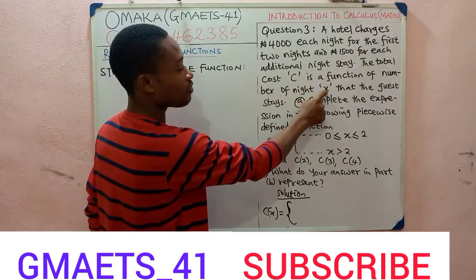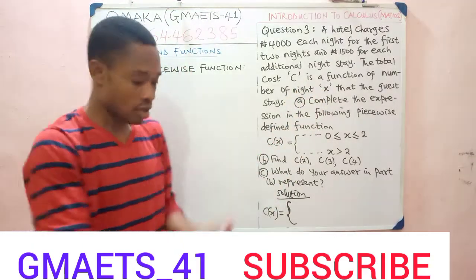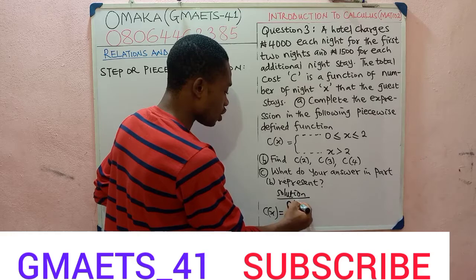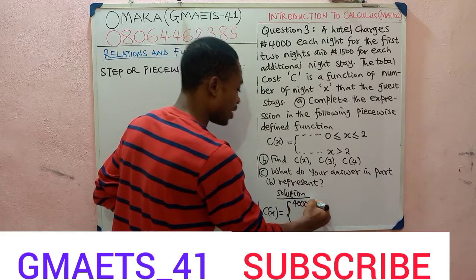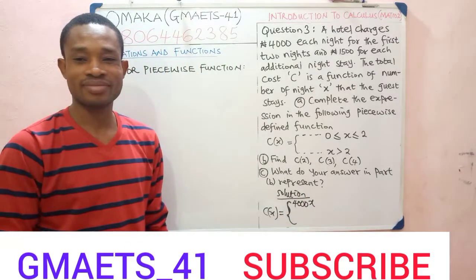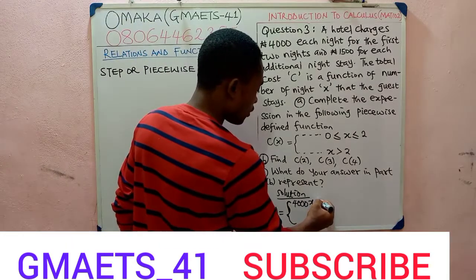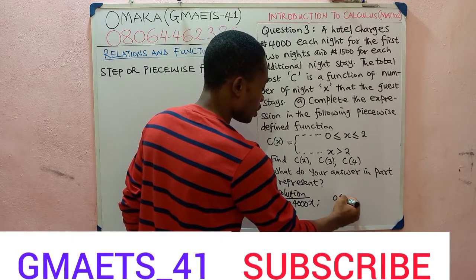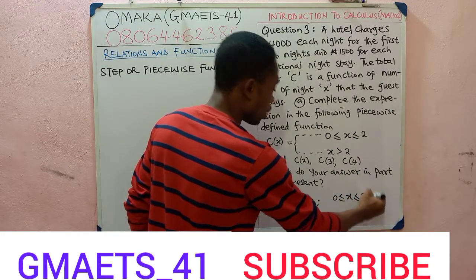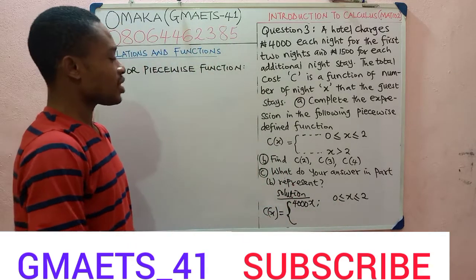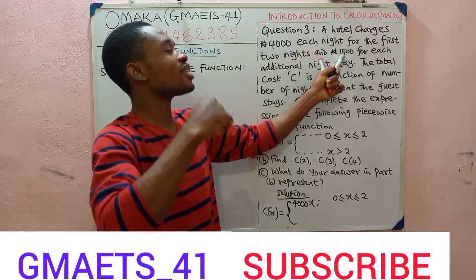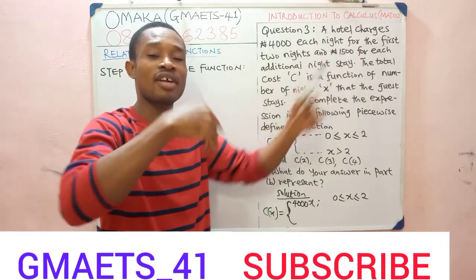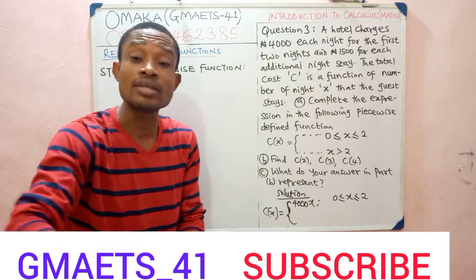Remember that the number of nights is represented by X. Which means the codomain here is going to be 4,000 each night times X. That goes with the domain 0 is less than or equal to X, less than or equal to 2.